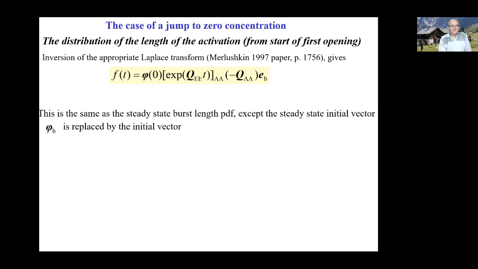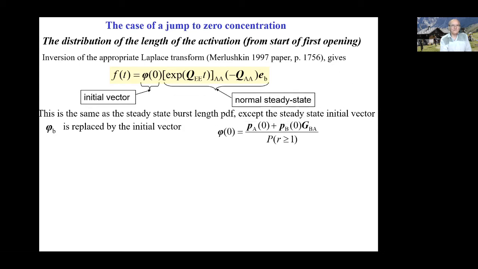This you may recognize is the same as the steady state burst length distribution, except the steady state initial vector is replaced by a different one. And this turns out to be the initial vector as for the previous slide, conditioned on there being at least one opening. So again, we see that all that differs from the steady state is the initial vector. All the rest is the same.